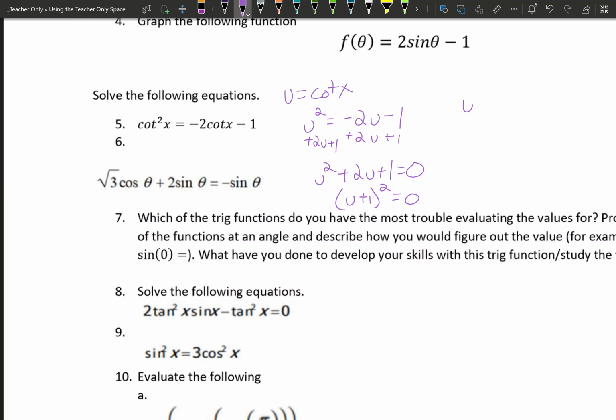We can square root both sides, so we have u plus 1 is equal to 0. Subtract 1 from both sides, and now once you have u by itself, you can substitute the cotangent of x back in. So then we take the inverse cotangent of both sides. So where is cotangent equal to negative 1? And that's going to be at 3 pi over 4.